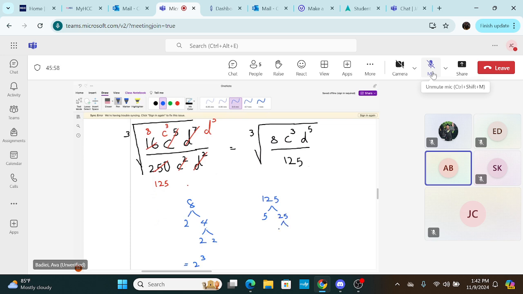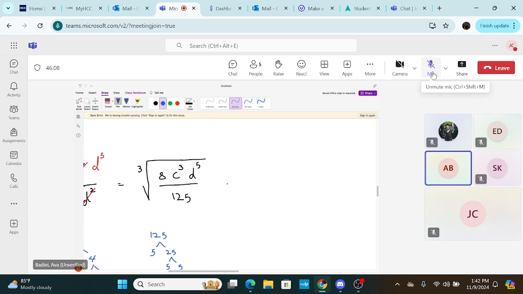And 25 is 5 times 5. So 125 is equal to 5 cubed. Now again, remember, the goal is to have numbers or variables with a power of 3 so they can cancel. This is 2 to power 3. This is 5 to power 3. We have c to power 3. So far everything is good.